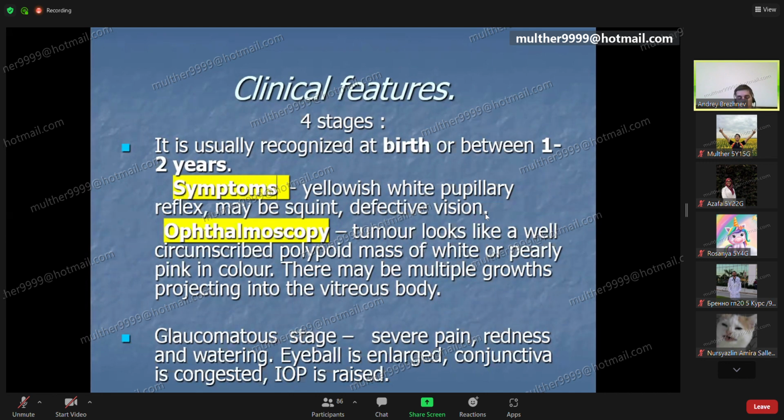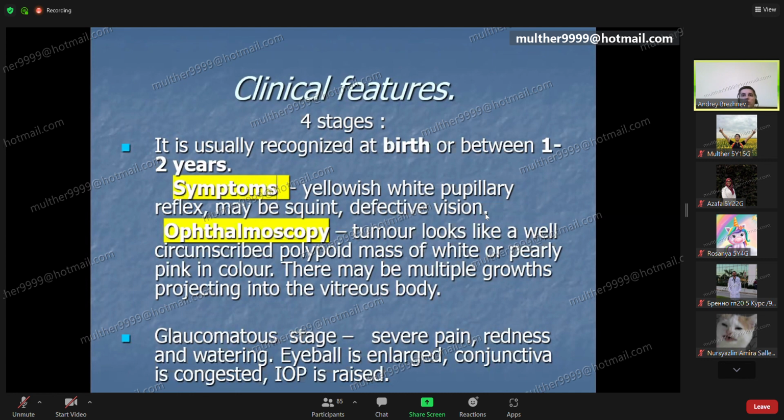And then we use a special examination with ultrasound and so on, and of course, we can determine it more thoroughly. But in the second stage, it's severe pain, redness, and watering, and of course, such a newborn is crying all the time. The eyeball is enlarged, the conjunctiva is congested, meaning with dilated blood vessels, and intraocular pressure is raised.